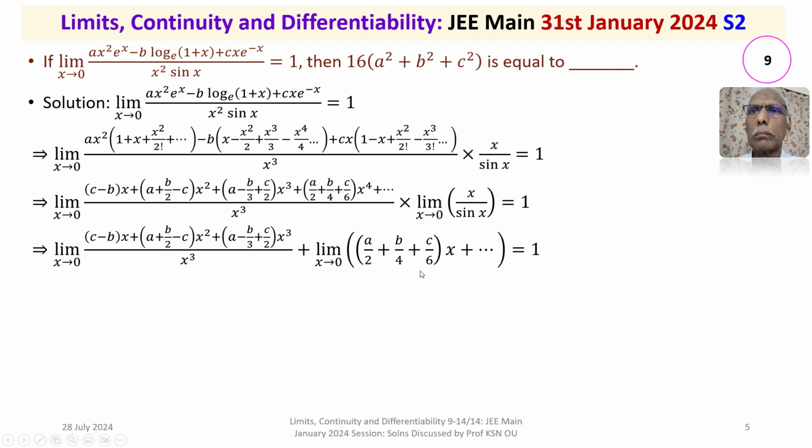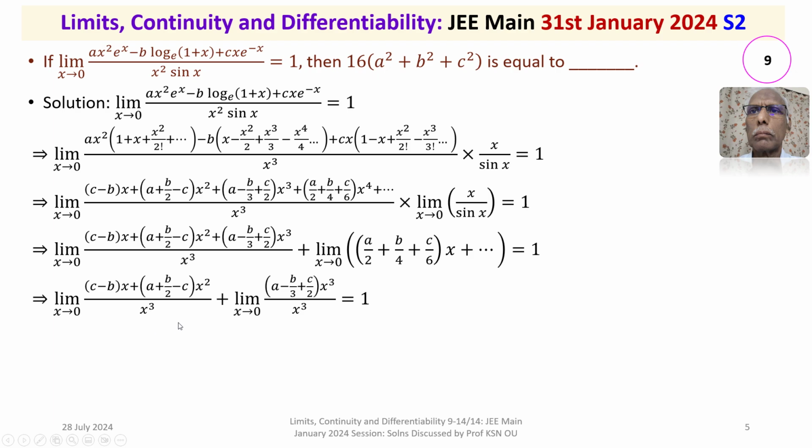Now, in the first one, we write limit x tends to 0 of (c minus b) into x plus (a plus b by 2 minus c) x square, by x cube, plus limit x tends to 0 of (a minus b by 3 plus c by 2) x cube by x cube. So this limit will be a minus b by 3 plus c by 2.